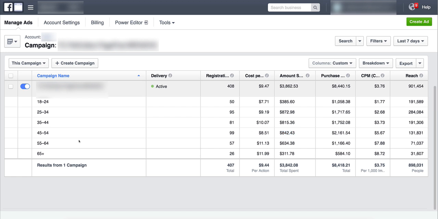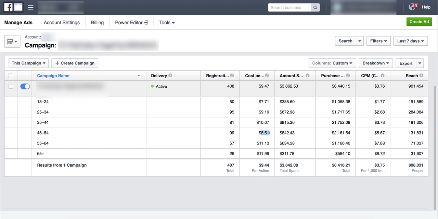But you notice how this trend is, okay, 18 to 24-year-olds crushing it, 25 to 34-year-olds doing good, but declining a little bit. 35 to 44, we're declining a little bit in conversion rate. And then 45 to 54-year-olds, boom, all of a sudden your conversion rate skyrockets and so does your ROI.